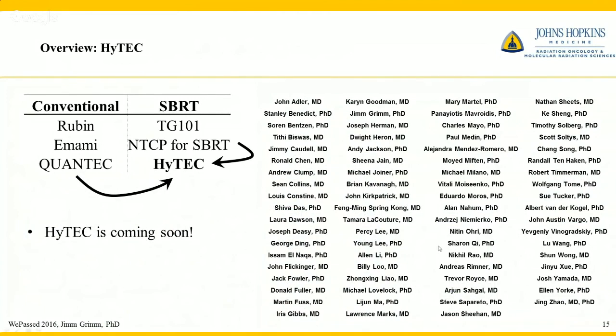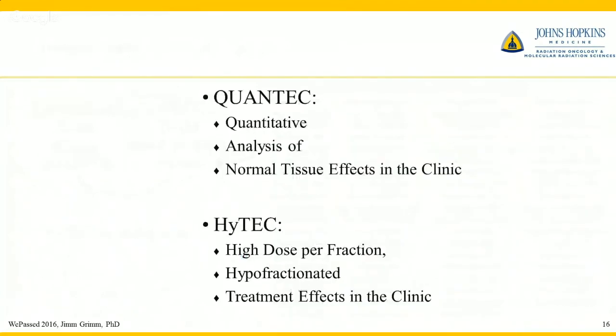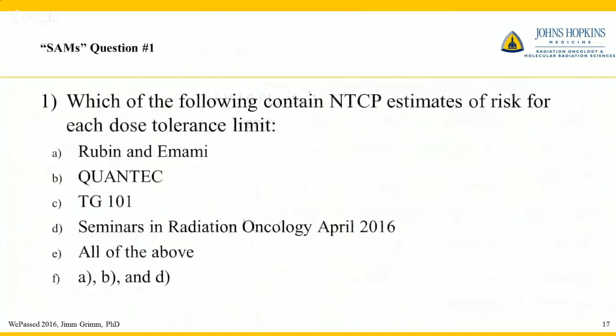Many of the same authors as these other projects, and that is still in the works and coming soon. So QUANTEC is quantitative analysis of normal tissue effects in the clinic, and high tech has similar goals as high dose per fraction, hypofractionated treatment effects in the clinic.